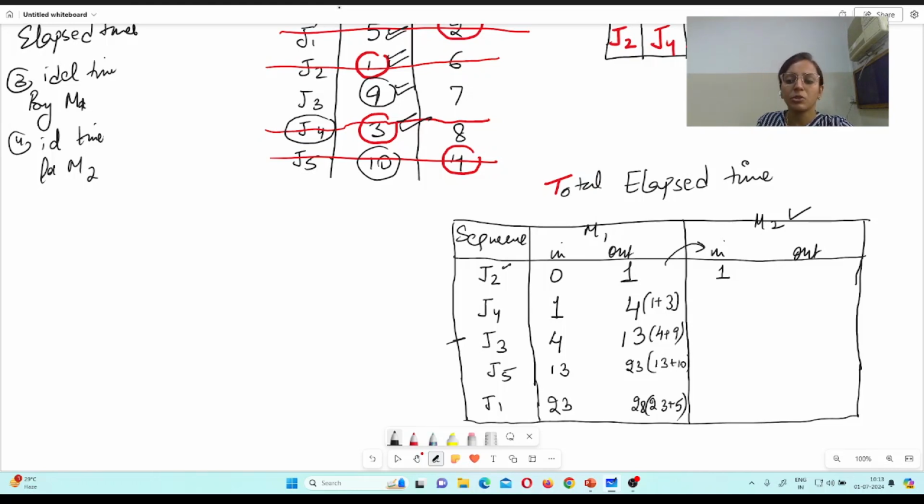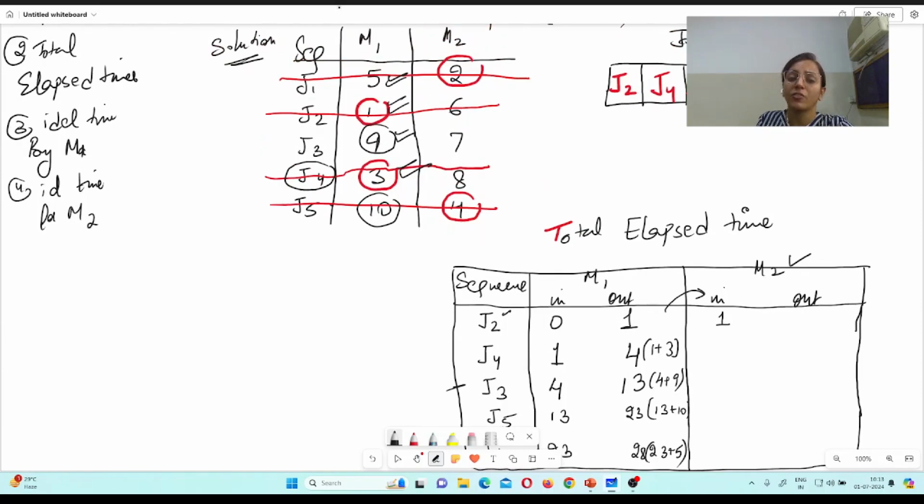Right? Now coming to machine 2, please have a look at the processing time of J2. For J2 we have to check the machine 2 time, and it is 6. So what we have to do, 1 plus 6, that is over here 7. In brackets, you can write 1 plus 6. Now what is this? Please have a look.